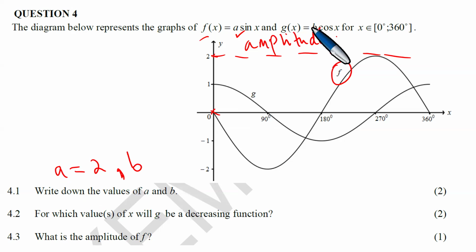And then now we have b. But first note that at 90 degrees, the sine of 90 is 1.